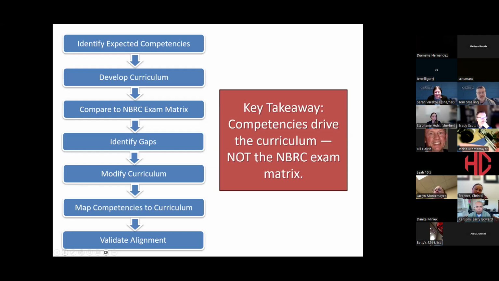There is way much more that a respiratory therapist entering practice needs to know than what is on the NBRC exam. So it is a tool. That content matrix comparison document is a tool. Yes, you need to make sure you're covering the things that are part of the exam so that students will have the best chance of success on the exam, but it is not the end all and be all. The exam is a reference, not a starting point.